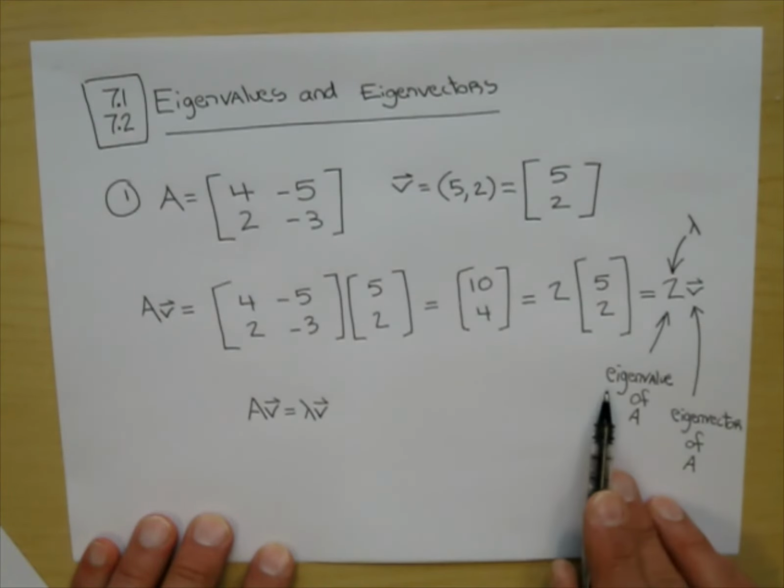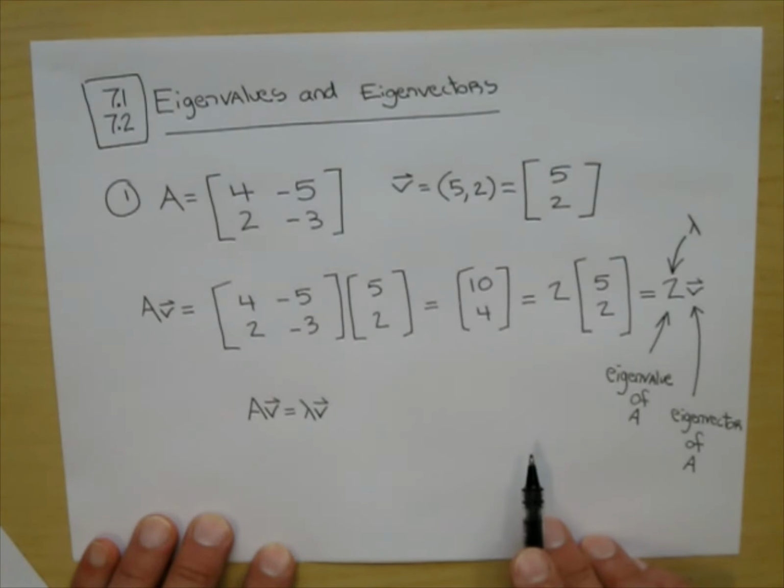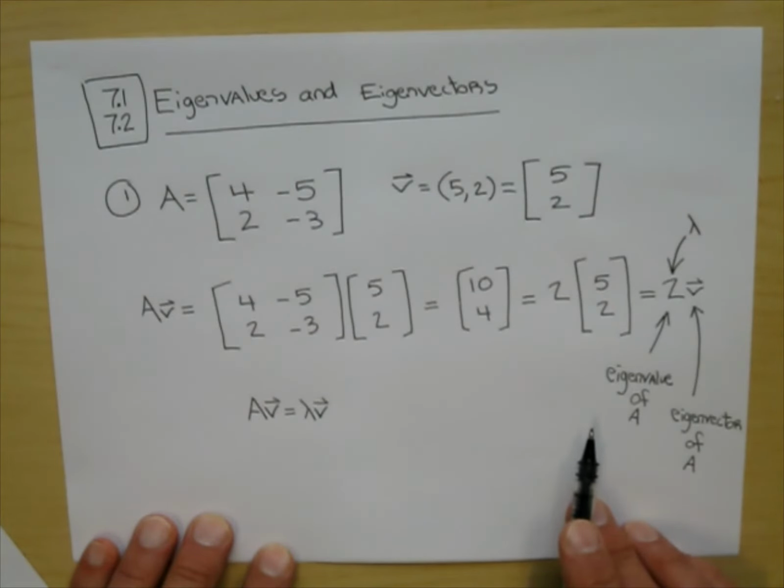Eigen, that's this part here, E-I-G-E-N, is German for proper or characteristic. These were first called proper values in the US, but then they changed to eigenvalues.